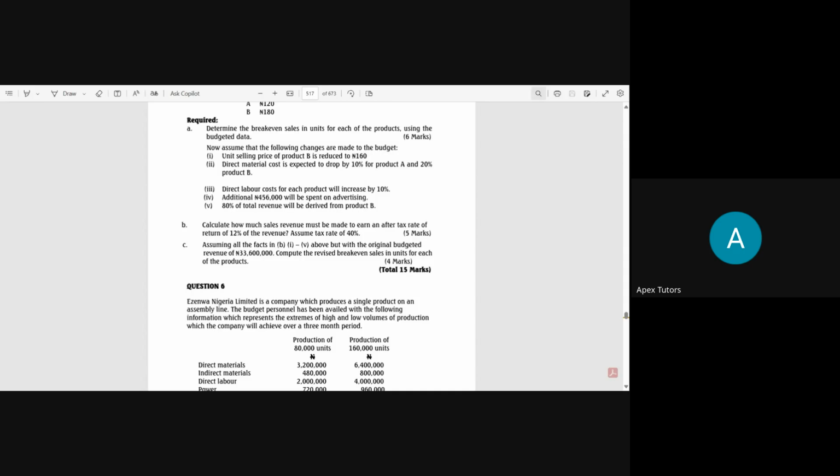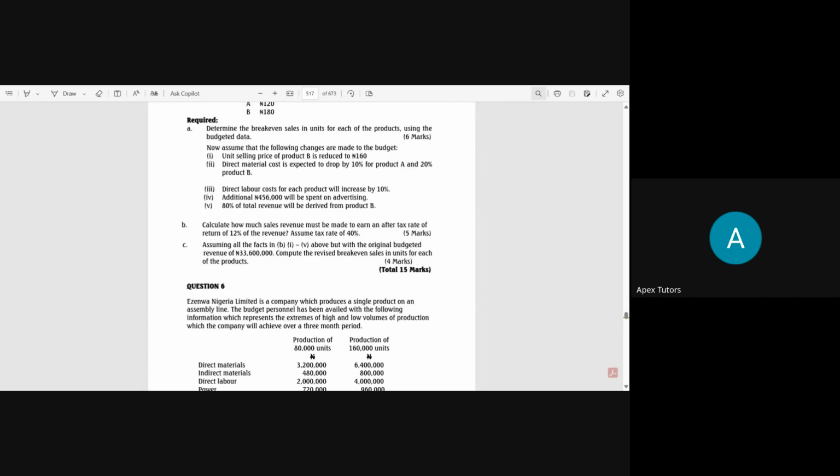So now, when you adjust for all this, they are telling us to calculate how much sales revenue must be made to earn an after-tax rate of return of 12% of the revenue. Assume tax rate of 40%.